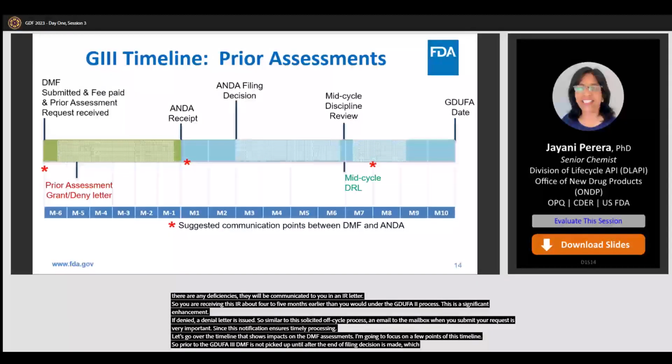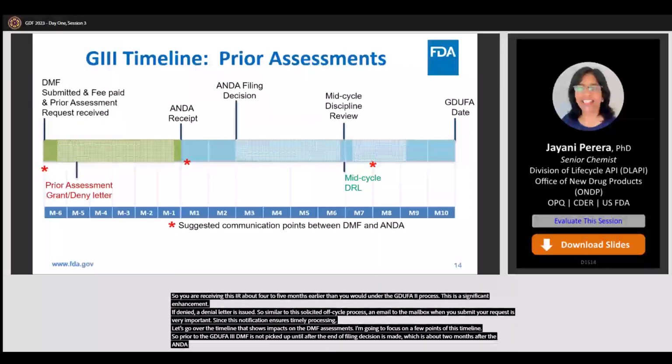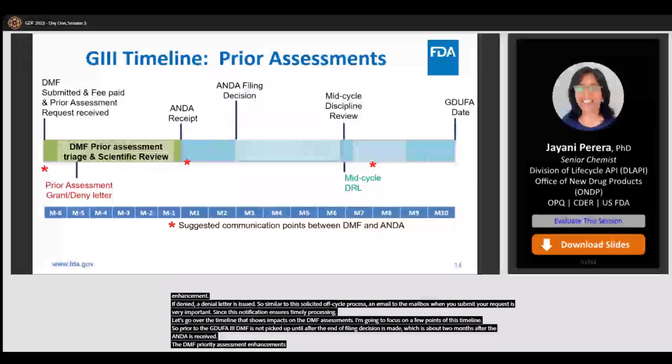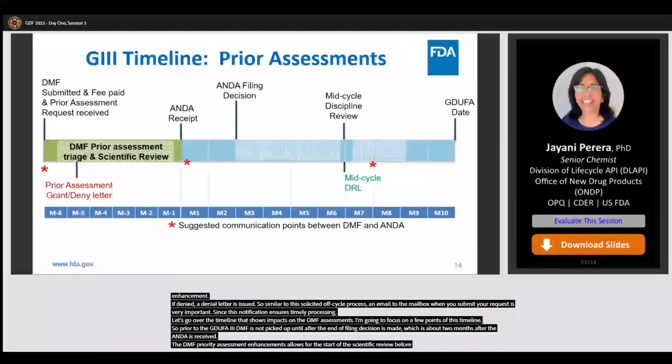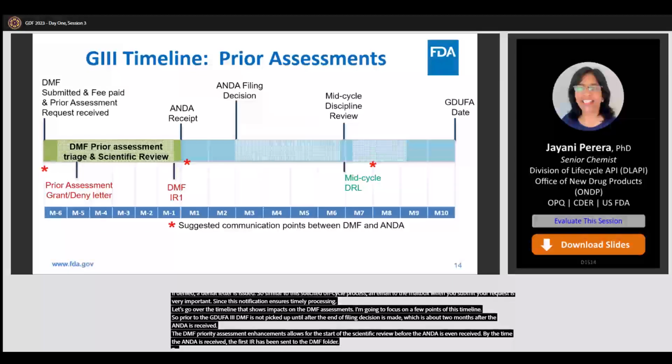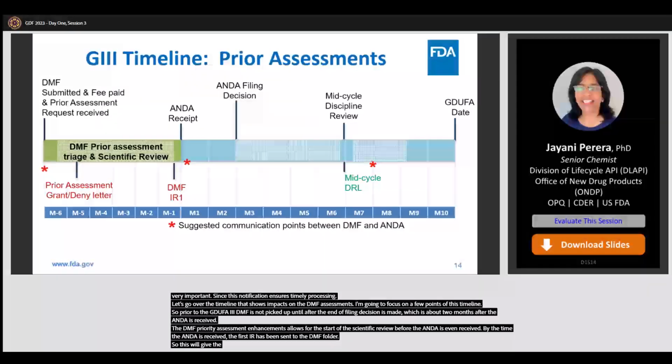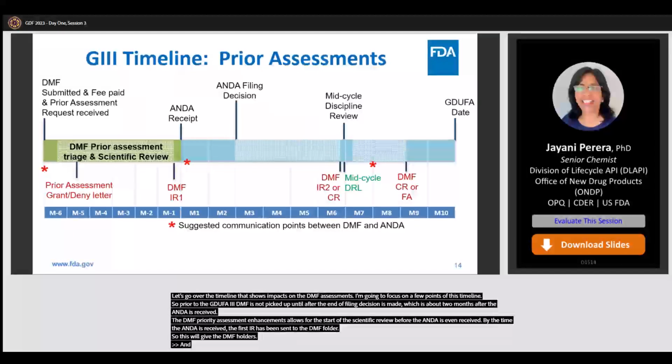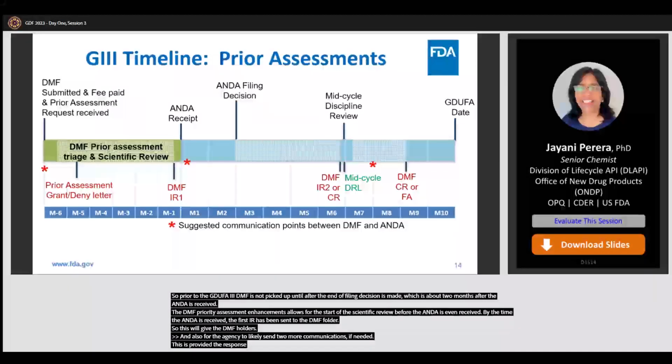The DMF prior assessment enhancement allows for the start of the scientific review before the ANDA is even received. So by the time the ANDA is received, the first IR has been sent to the DMF holder. This will give the DMF holders more time to address and respond to any deficiencies, and also for the agency to likely send 2 more communications if needed. This is provided the responses to the IRs are submitted in a timely way.